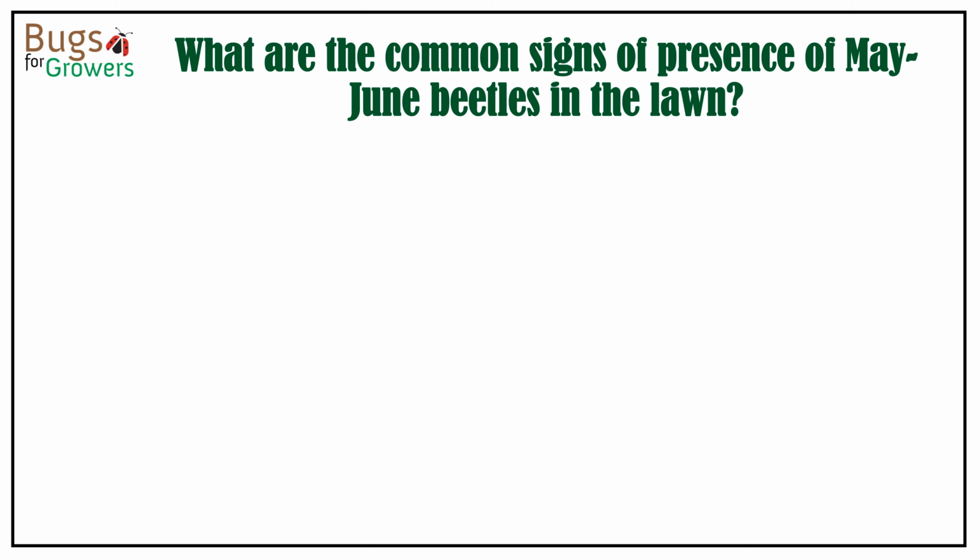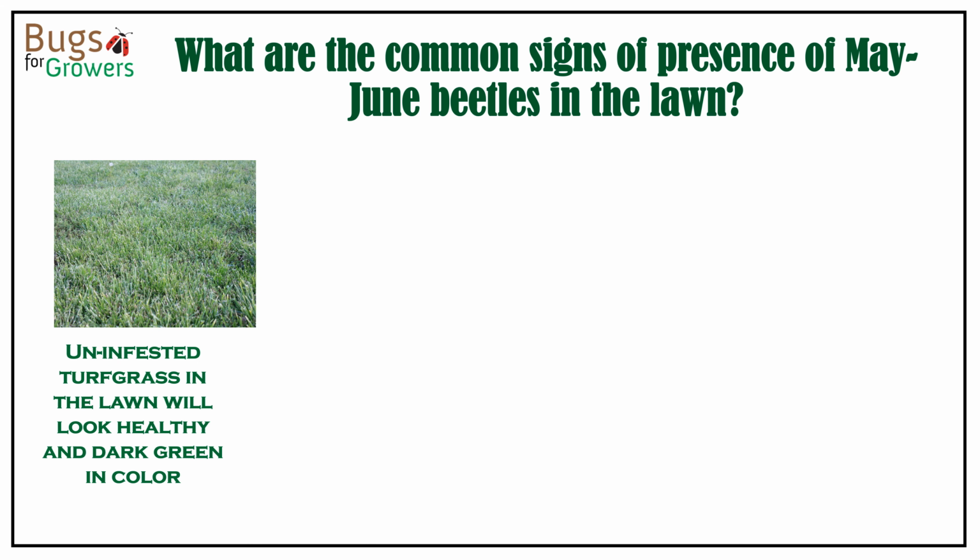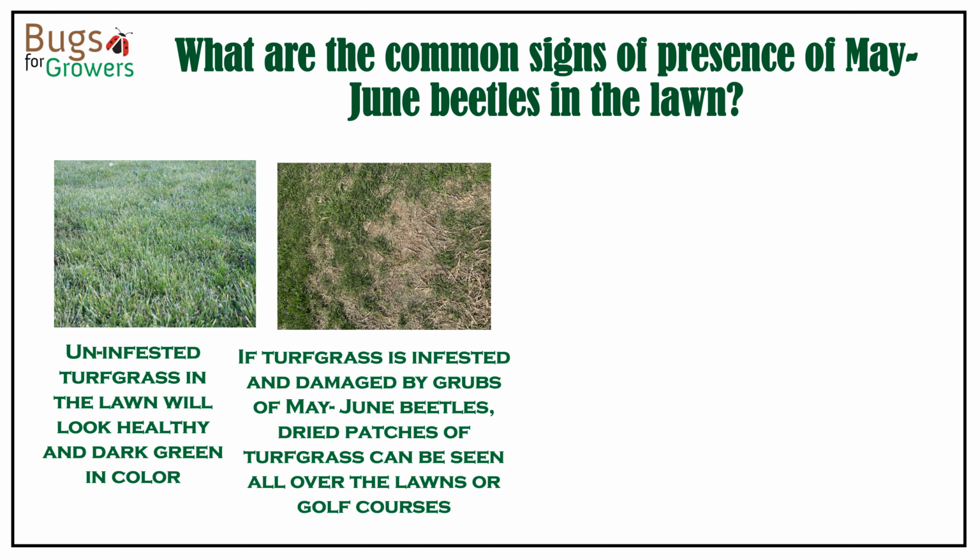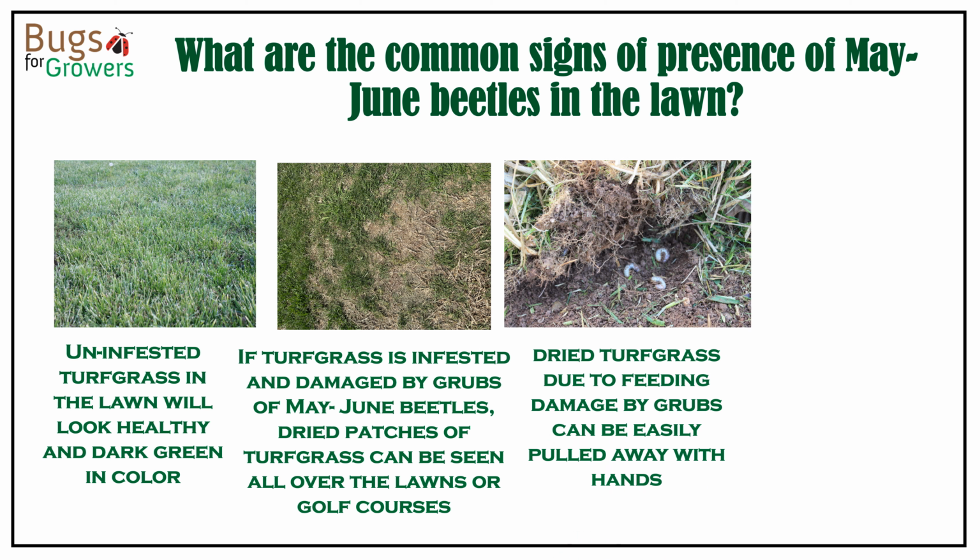So what are the common signs of presence of May-June beetles in the lawn? Of course, turf grass not infested by grubs of May-June beetles will look healthy and dark green in color. However, if turfgrass is infested and damaged by grubs, dried patches of turfgrass can be seen all over the lawns and golf courses.